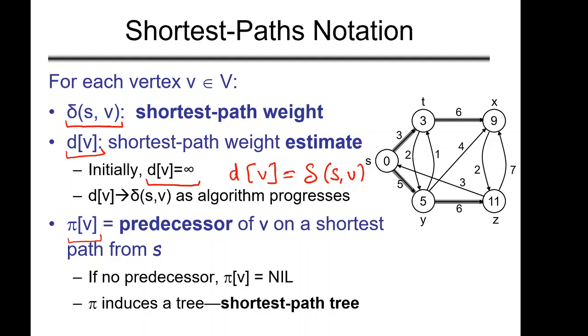So these terms give us the weight of that shortest path, and with the help of the predecessor we can know the actual path, how to go from S to V. In the initialization step, initially there is no predecessor on any vertex, so we will say that the predecessor of node V is nil.